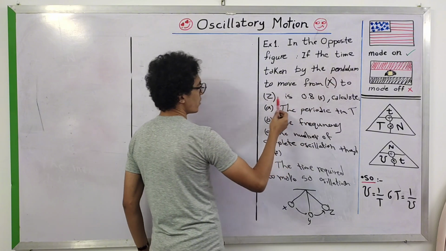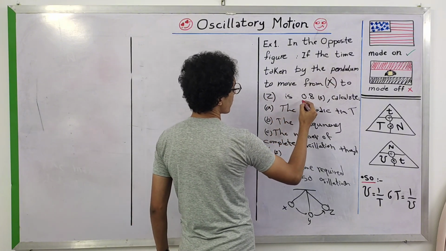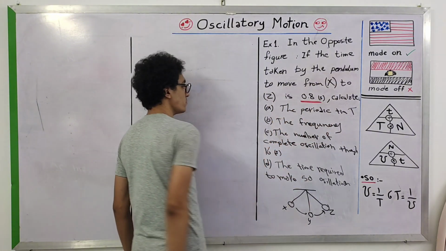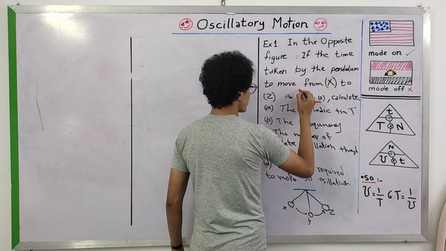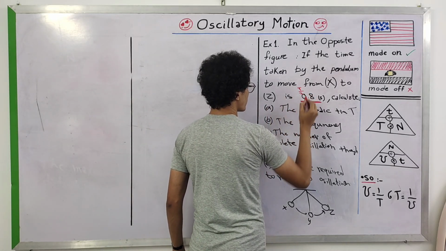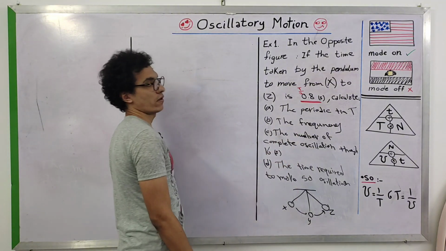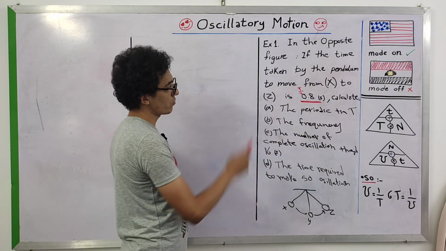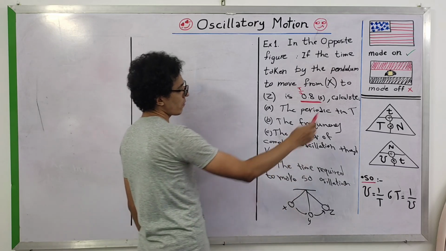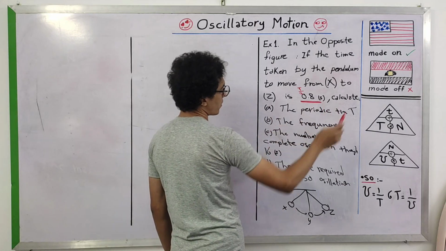From X to Z is 0.8 seconds. Okay, in my mind I will write this. What is it? It's half of a periodic time, T over 2. Calculate 1, the periodic time.